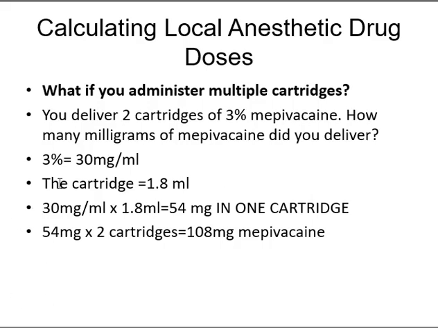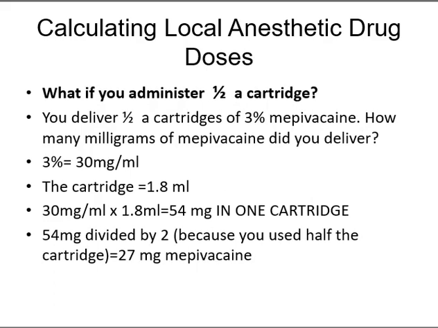The 3% is 30 milligrams per 1 milliliter, the cartridge is 1.8. So 30 milligrams times 1.8 milliliter cartridge is 54 milligrams of mepivacaine in 1 cartridge. But you've delivered 2. 54 milligrams times 2 cartridges. So when you deliver 2 cartridges of 3% mepivacaine, you've delivered 108 milligrams of mepivacaine.